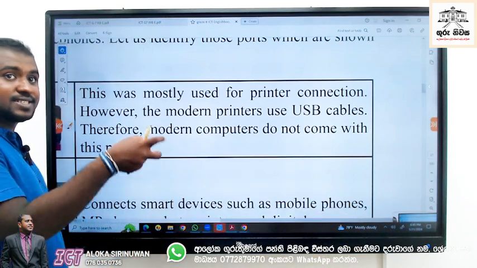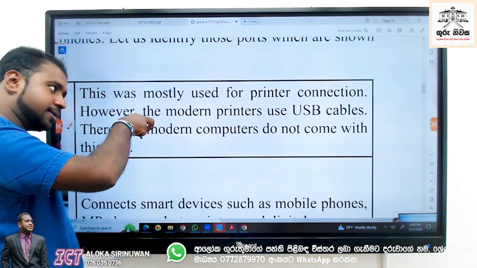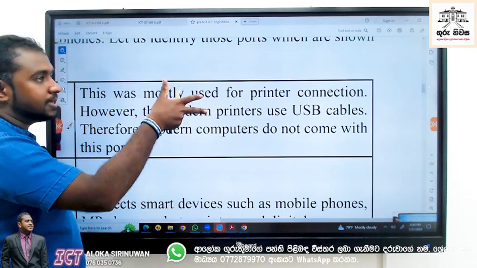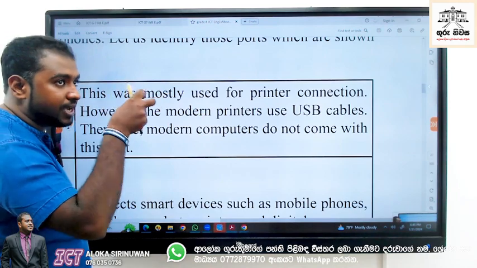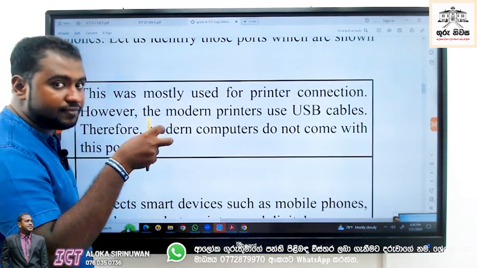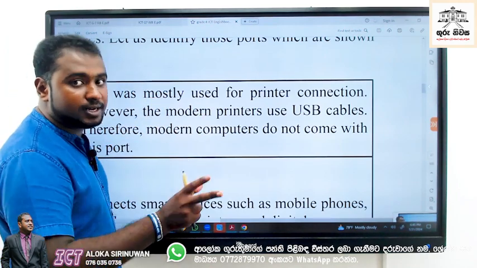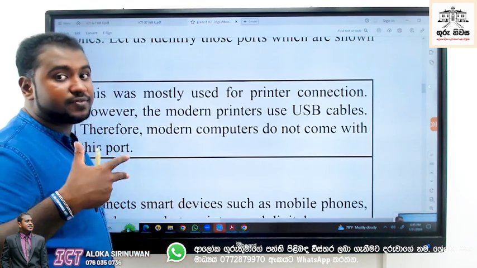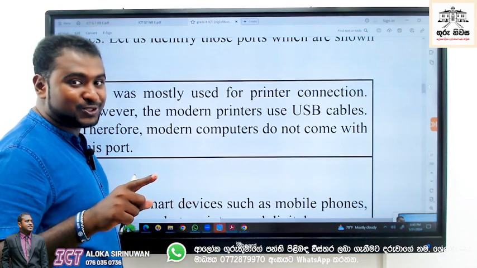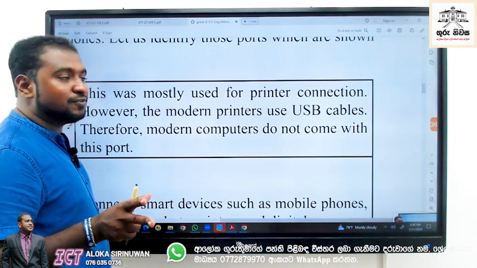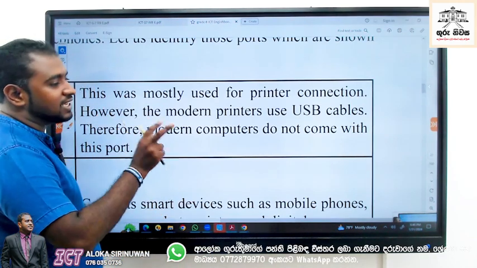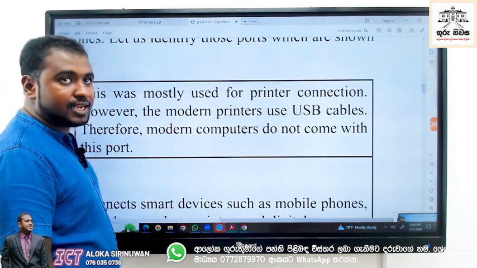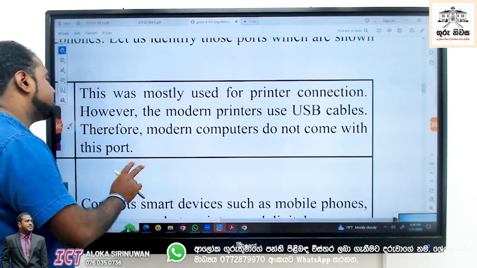Earlier, printers were manufactured with the parallel port. But today, all printers come with a USB connection. Therefore, you cannot find a parallel port in computers. Right now, we are not using this port.